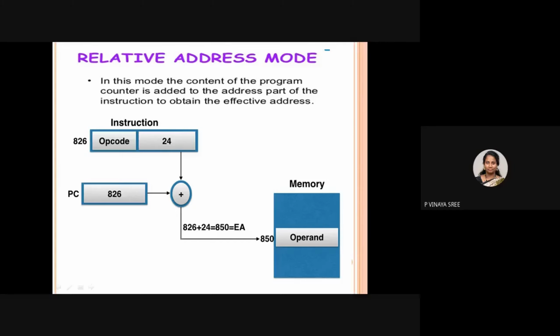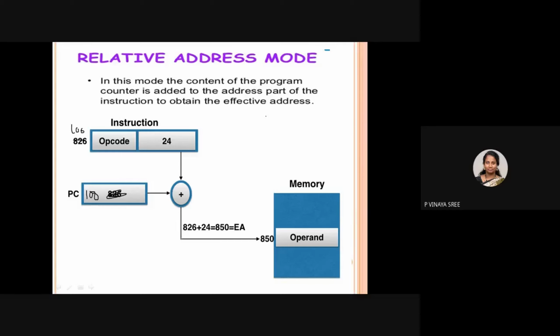So for simplicity, let us consider we have a program counter address as 100 and the address part of the instruction is 24, and this is an instruction with an address 100. Okay, try to understand.